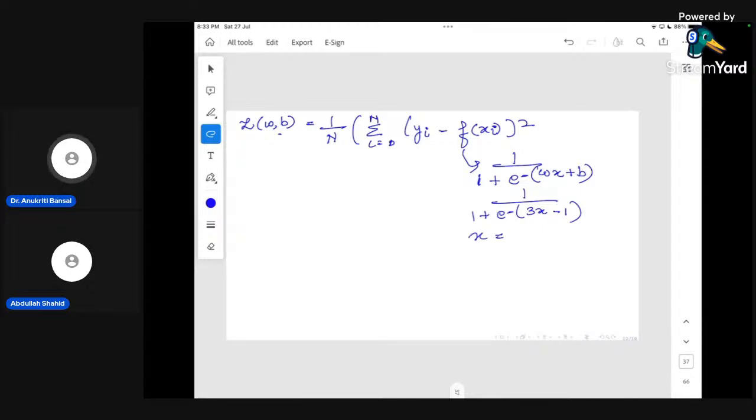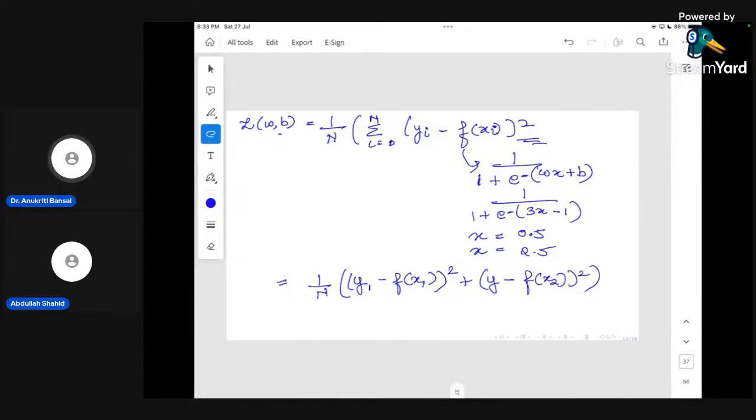For x equals 0.5 and for x equals 2.5, we will get the value of y. So let's expand this. I have two examples. I will expand this equation. So I'm calling it y1 minus f(x1) whole square plus y2 minus f(x2) whole square.